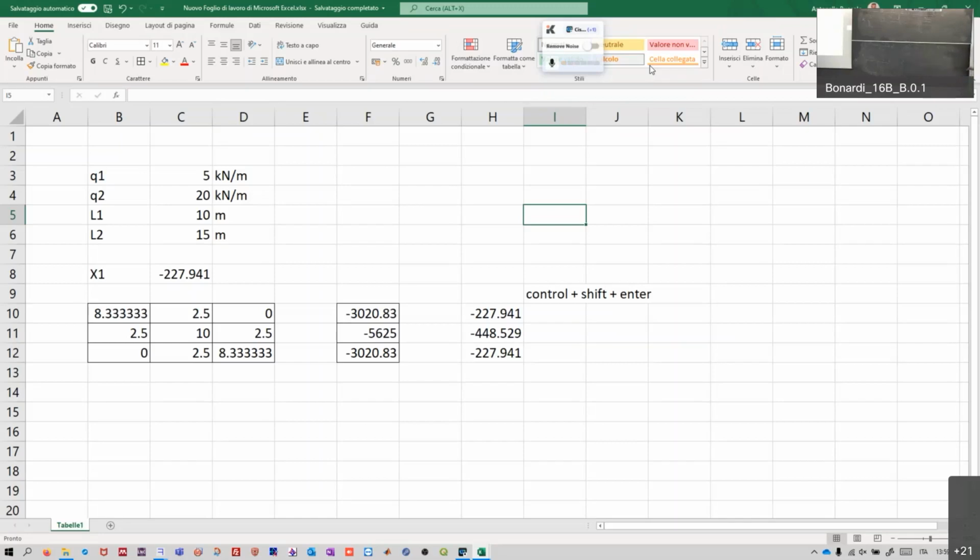Okay, you substitute all the values, you get the true result. It will be minus 27, I don't know what something.